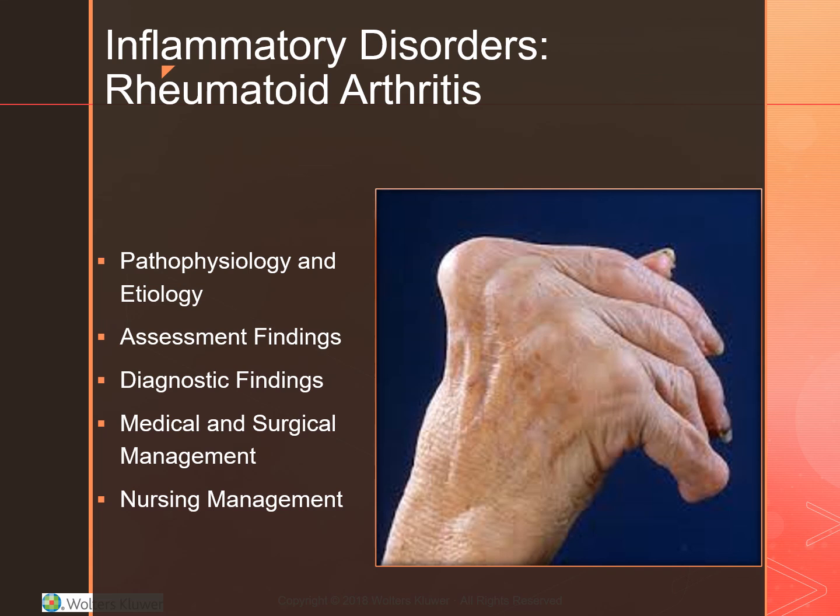Leflunomide, diarrhea, upper respiratory infection, alopecia, and elevated liver enzymes are common adverse effects. And methotrexate is also an anti-cancer drug and can cause bone marrow suppression.